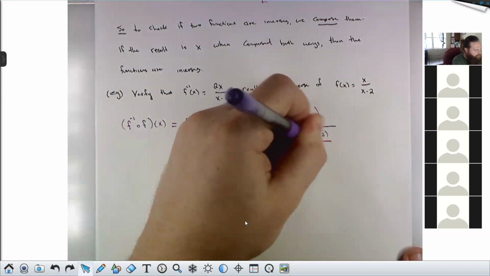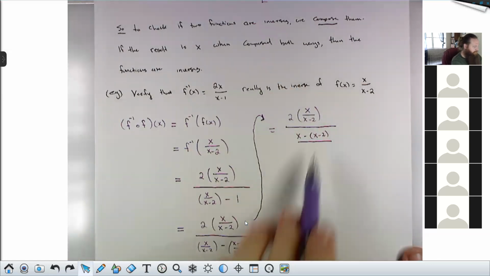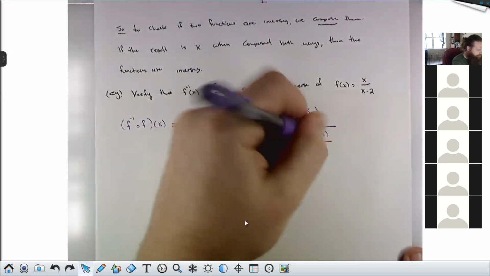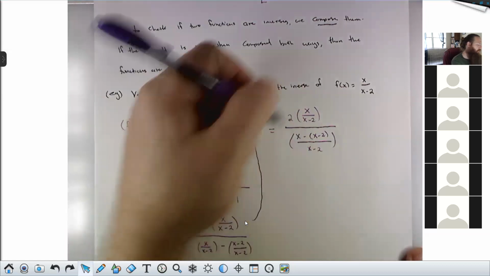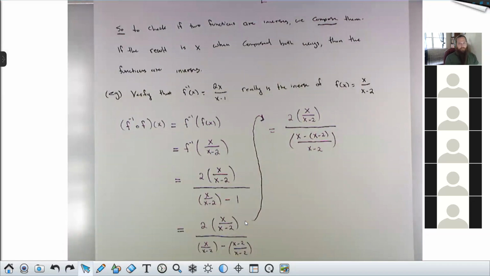And remember, the tops and bottoms of fractions are always in parentheses. So this is x minus 2 in parentheses divided by x minus 2. Now I would write it like this. So we have that common denominator downstairs. Now I will distribute this negative to these 2 terms, combine like terms, flip and multiply.